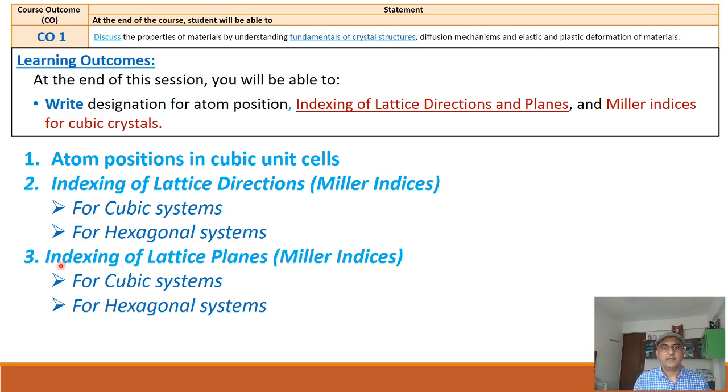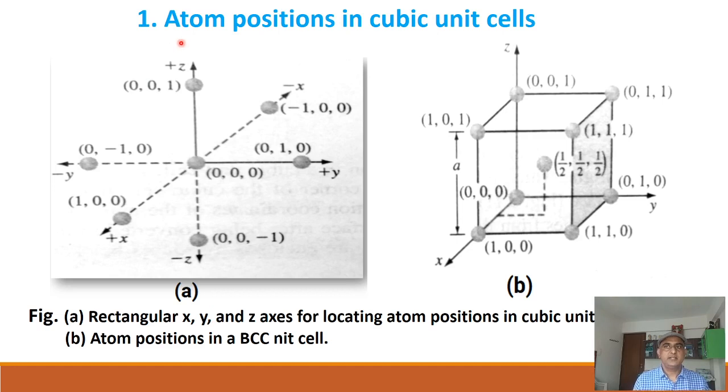Third, indexing of lattice planes, Miller indices for planes, for cubic systems and again for hexagonal systems. So the first point is the atom position in cubic unit cell.